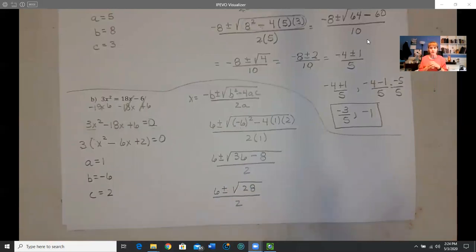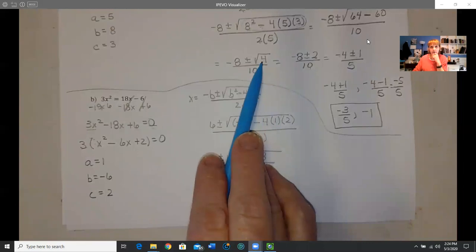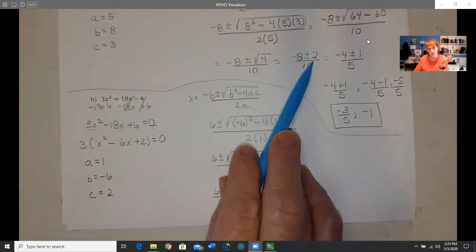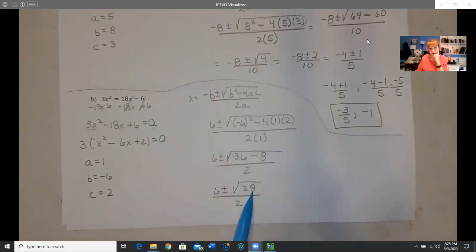Okay, so far so good. Now this one, you see above, we got rid of our radical because the square root of 4 was 2. Unfortunately, when I reduce this, I'm going to be left with a radical. So go ahead and reduce this if you can.